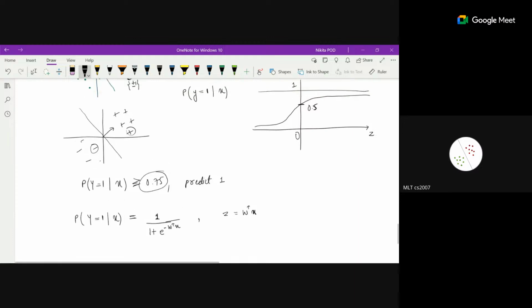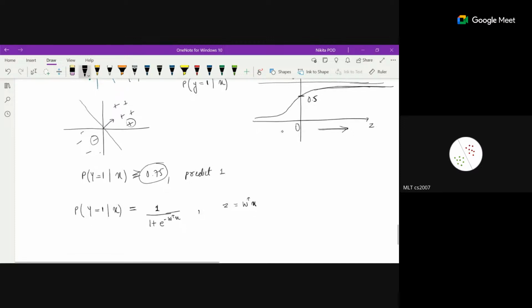So you can see here that as your z goes to infinity, so as this number goes to infinity, e to the power minus z becomes small, so 1 upon something, and it is moving towards 1, right?